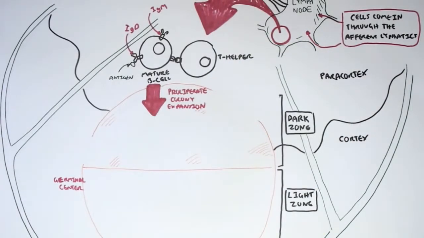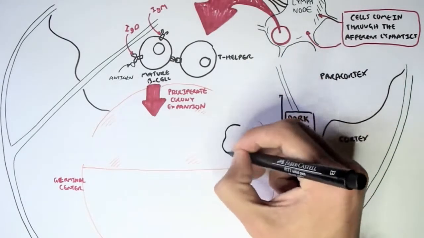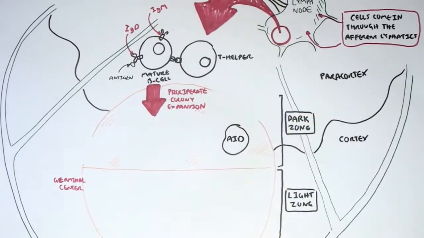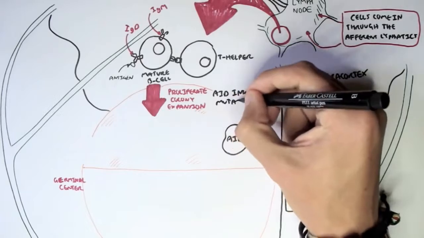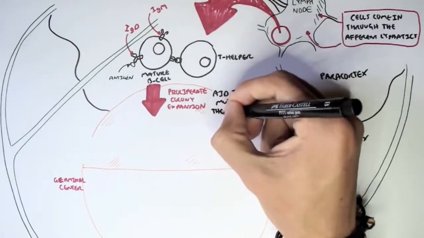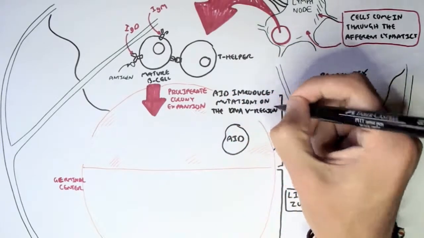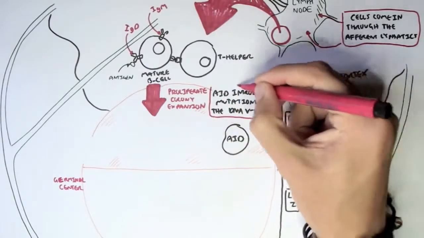Now, it is thought that when the mature B cell proliferates into cells called centroblasts, an intracellular enzyme called AID will introduce point mutations on the variable region of the DNA, the region that encodes for the variable region of the antibody.